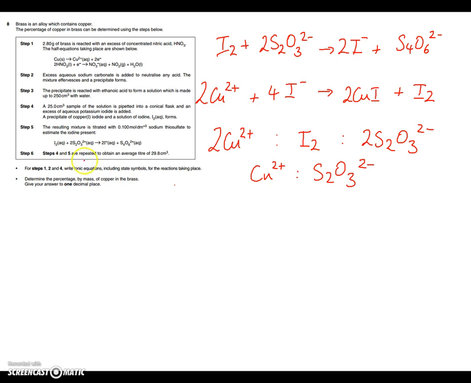So let's do that. We've got an average titre of 29.8 cubic centimeters, and a concentration of 0.1 moles per decimeter cubed. So number of moles is concentration times volume, so 0.1 times 29.8 over 1,000.